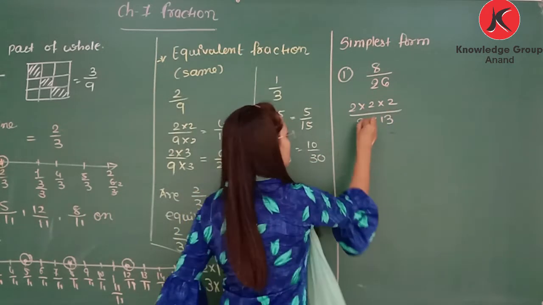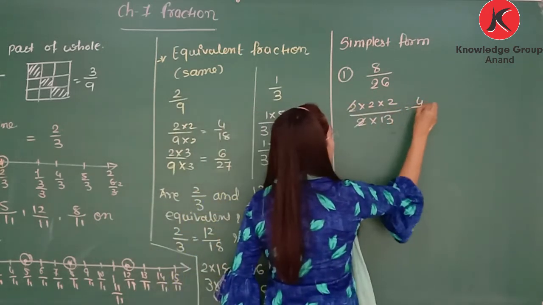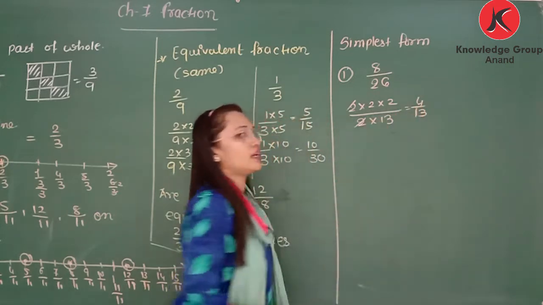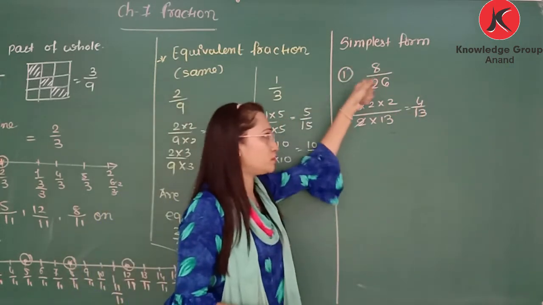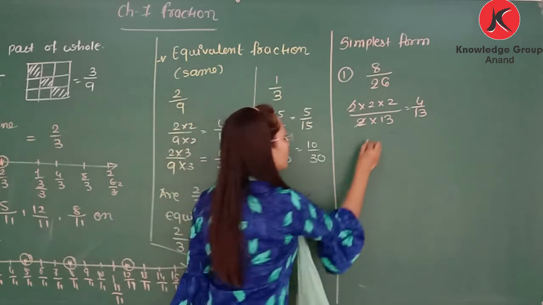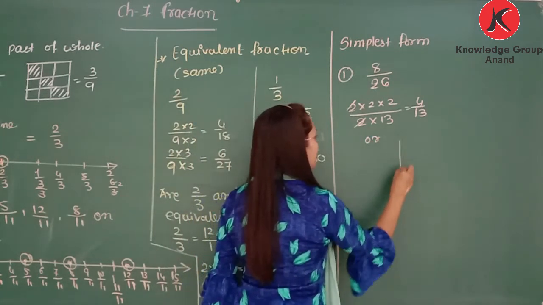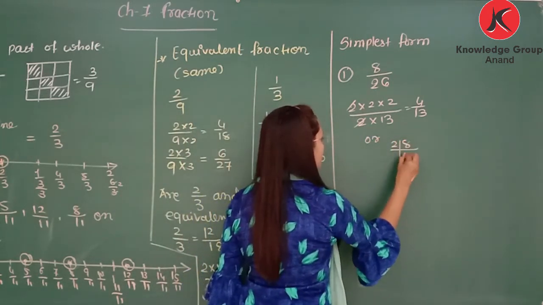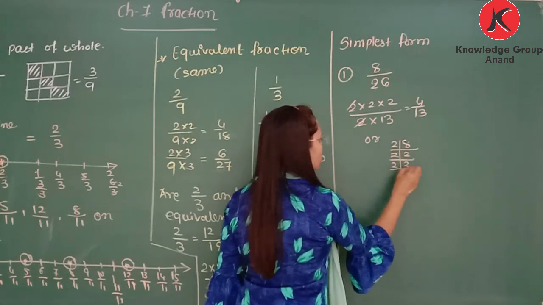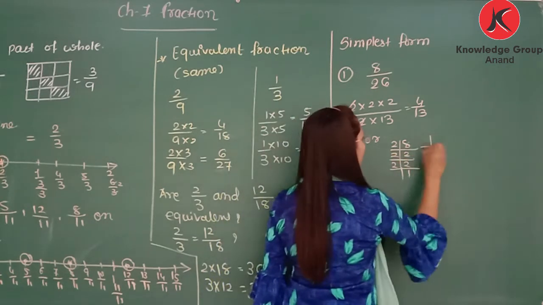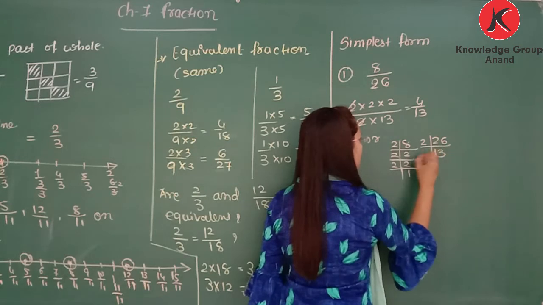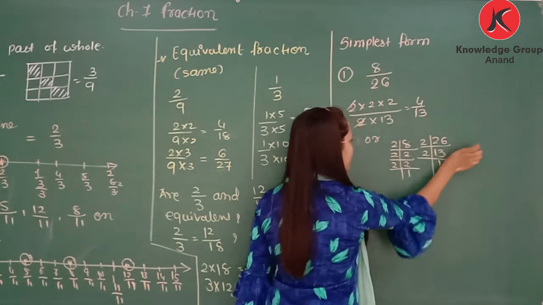Cut the common factor. We get 4 by 13. Now 4 by 13 is the simplest form of 8 by 26. Or you can find the LCM of 8 and 26. So these are the factors of 8, factors of 26. So what is the LCM?